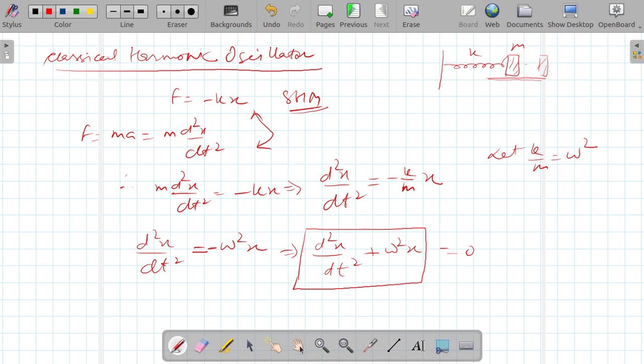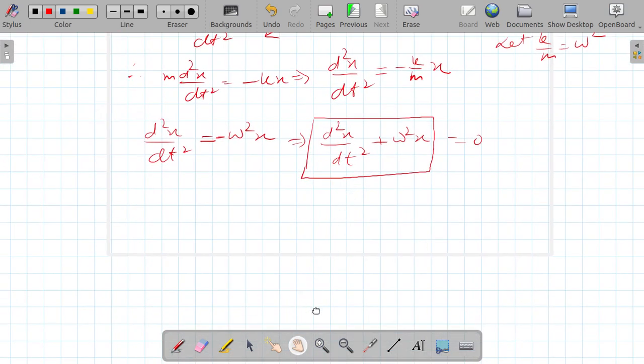And the solution of such an equation looks like this: x must be equal to, there are other possible solutions, but I am considering a very simple solution, a sin omega t plus b cos omega t. So this is the solution of this equation.